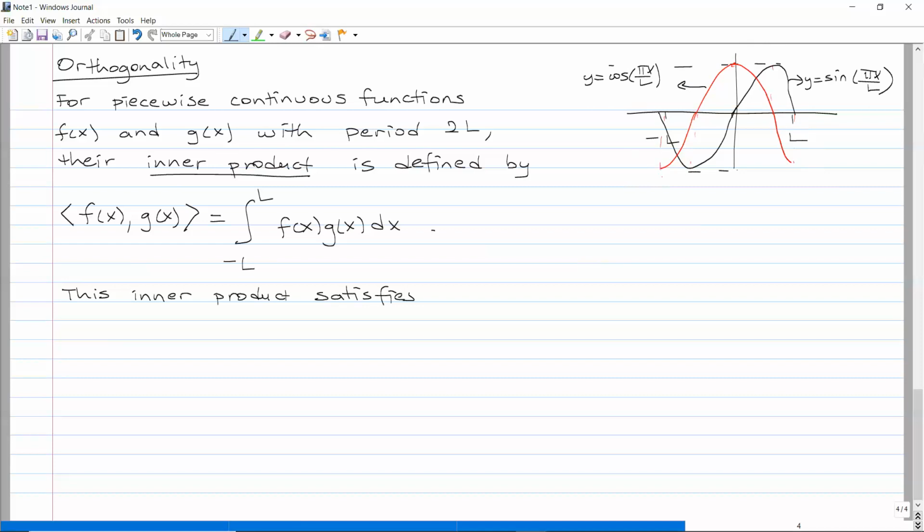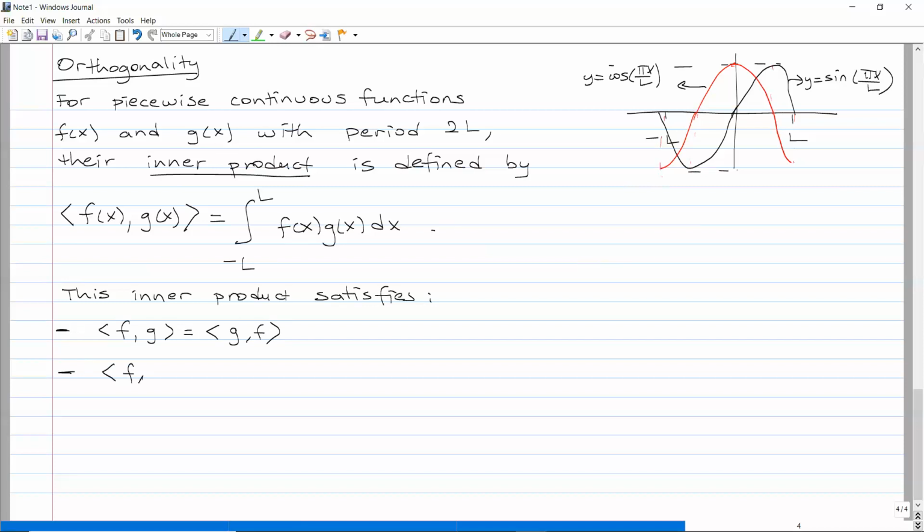Okay, so back to the inner product. First of all, if you interchange the order of the functions, you get the same thing, because inside the integral, the order of multiplication is not important.